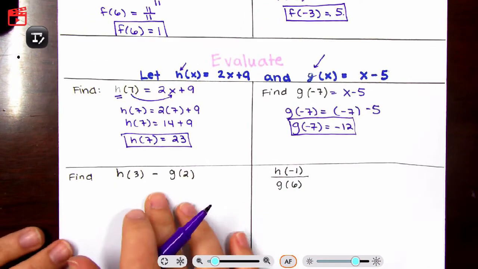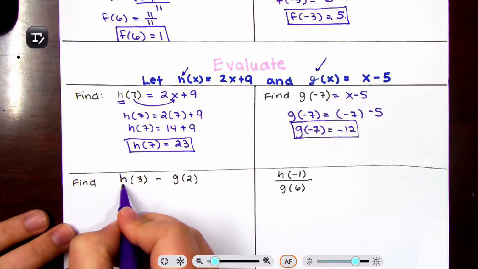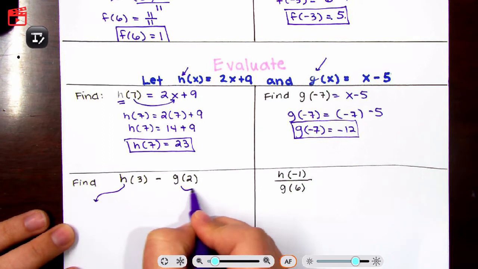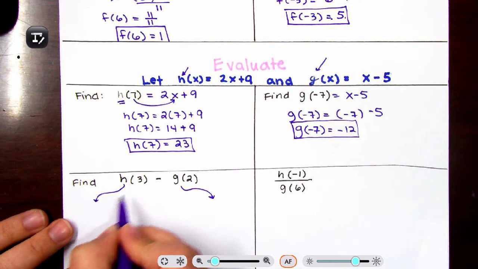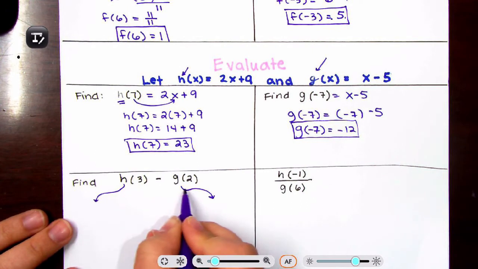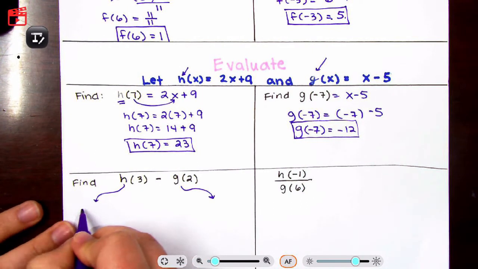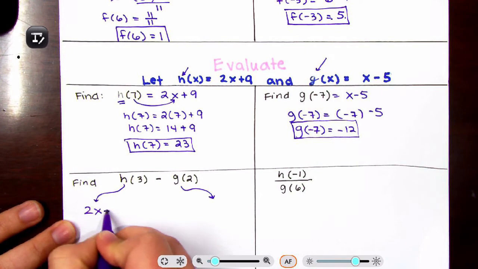Now this one is a little bit more challenging. So h of 3 minus g of 2. I think I said negative 3, but it's h of 3 minus g of 2. So I'm going to rewrite h. h is 2x plus 9.